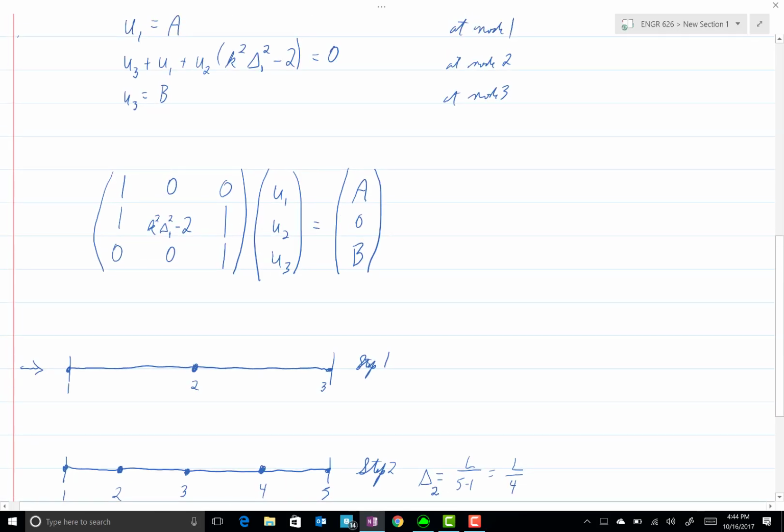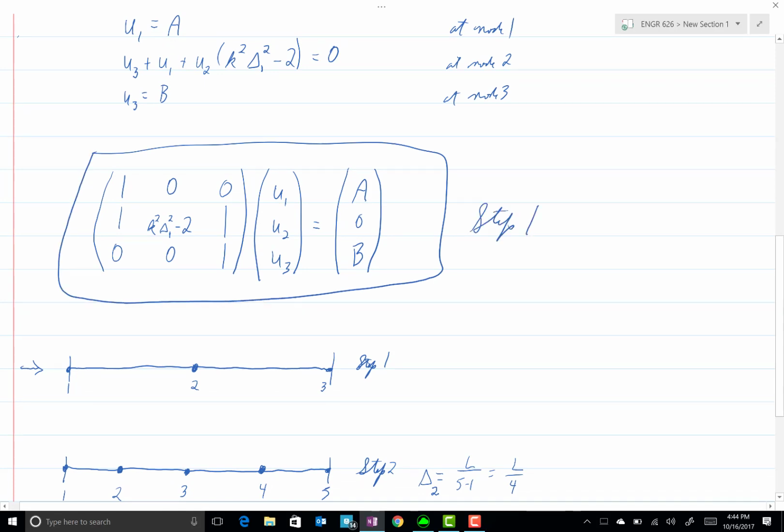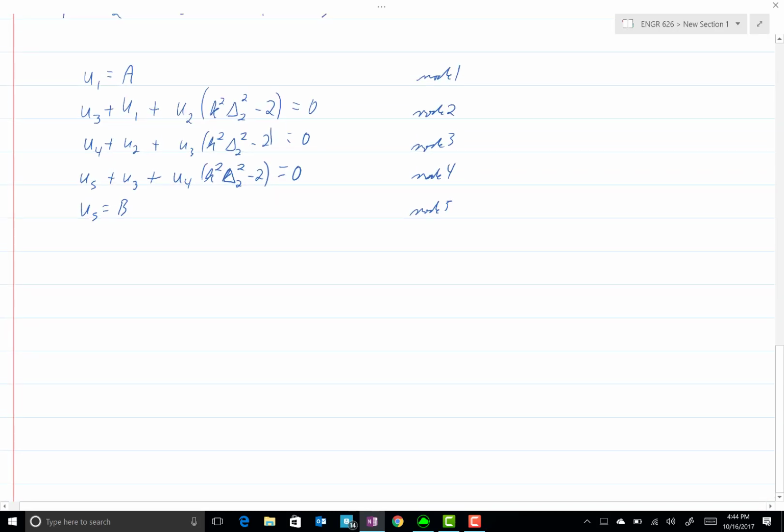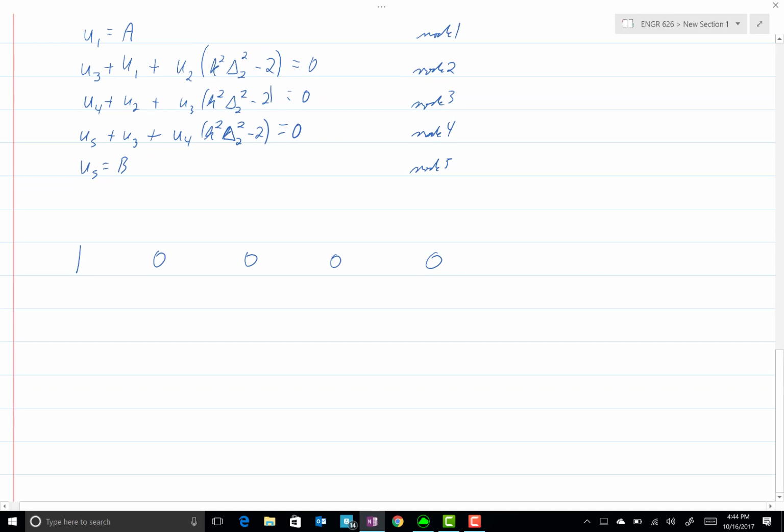So instead of having a 3 by 3 system like we do here, this is step 1. Now we'll get a 5 by 5 system that will look something like this. We'll have 1, 0, 0, 0, 0, and then 1, 1, 1, 1, 1, 1. You see, that's 4 rows, and then row 5. And then we'll have 0, 0, 0.